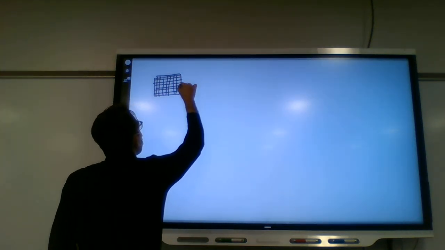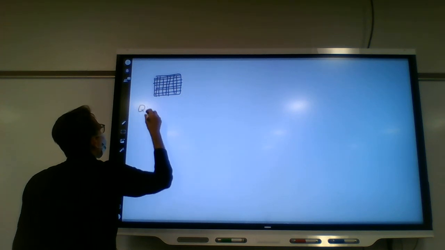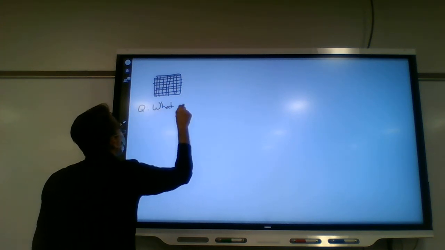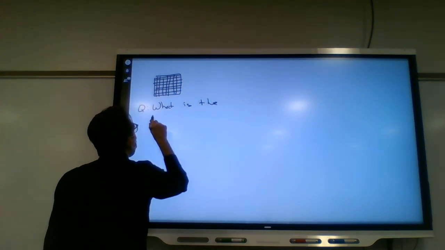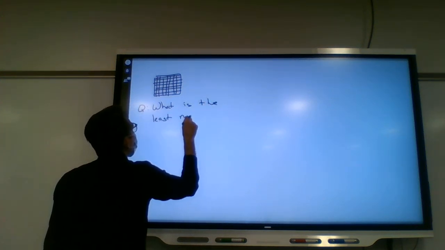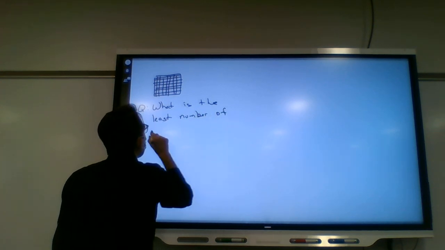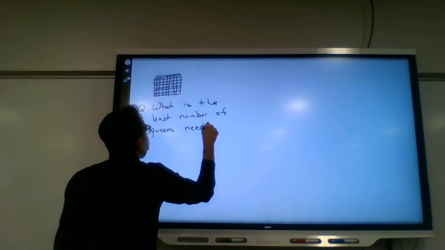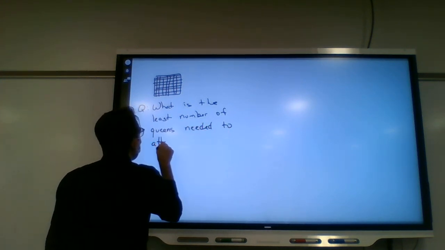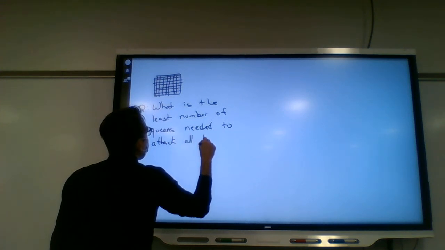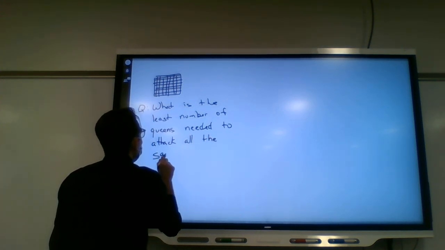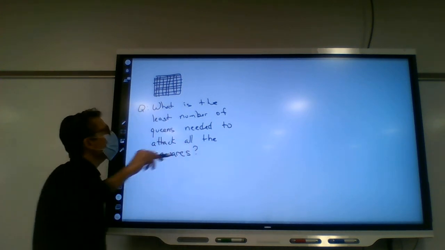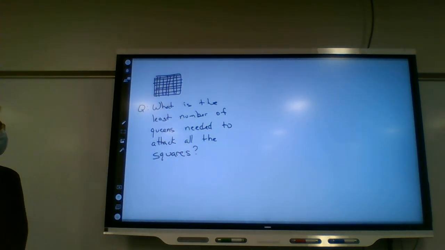There's another problem that we could have asked that we didn't ask at the time. What is the least number of queens needed to attack all the squares of the board?